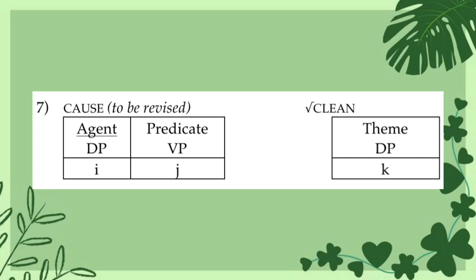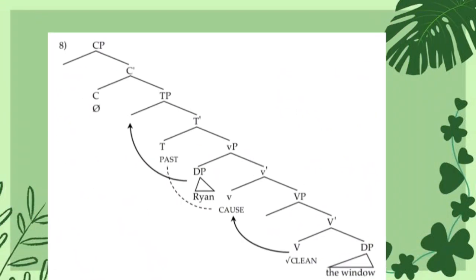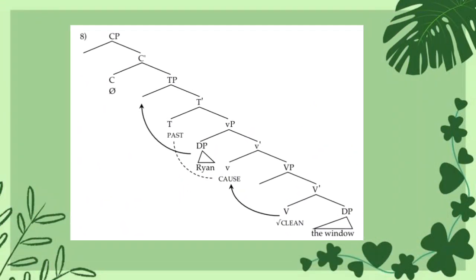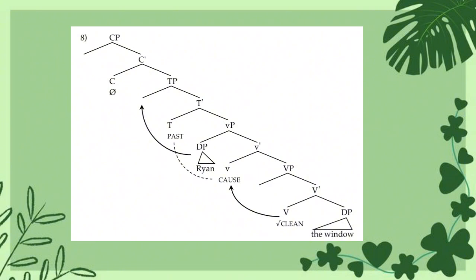So if we take a verb like clean, this is really composed of little v, meaning cause, which assigns the agent role and takes a VP as a complement. We will refer to the theta role assigned to this VP as predicate. The lexical root, square root of clean, takes the theme as a complement. So the tree for the sentence Ryan cleaned the window contains a VP dominating a VP.